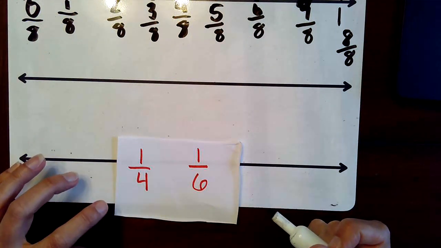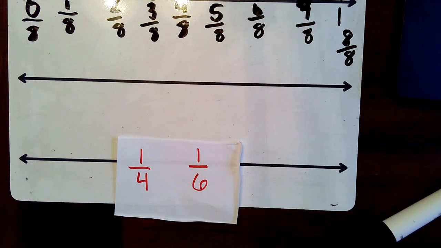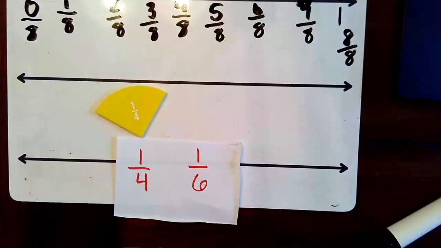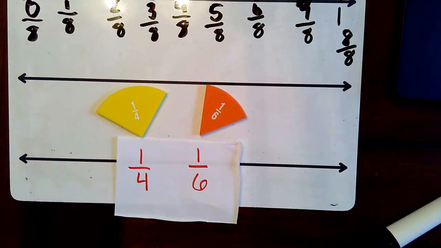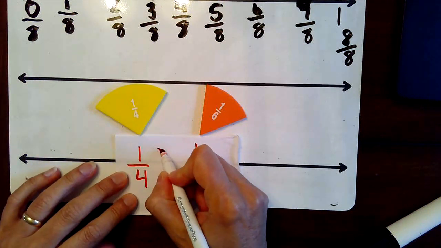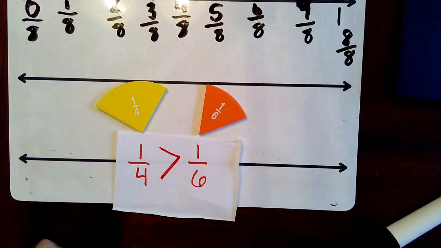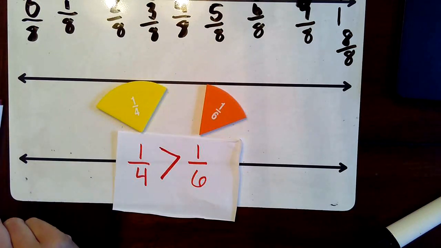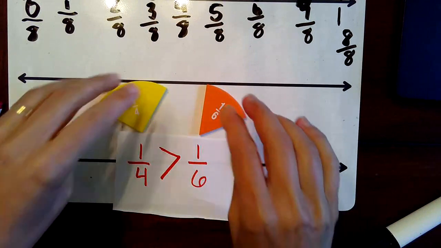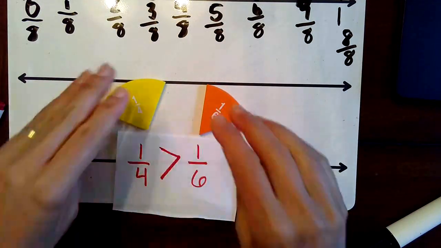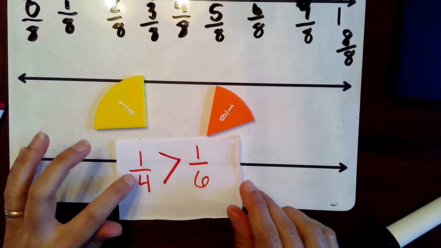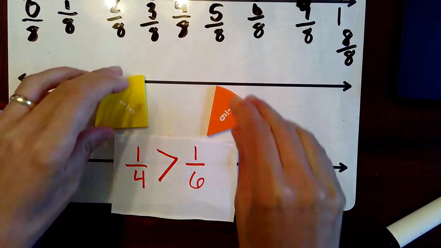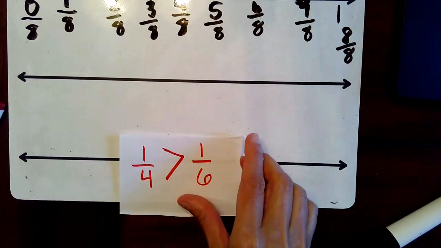So that should definitely help you realize that 1/4 is greater than 1/6, because we're only dividing the whole into 4 parts as opposed to 6 parts. So you're sharing with 4 friends here as opposed to 6 friends here. So your piece is bigger. 1/4 is greater than 1/6. Okay, let's do another one.